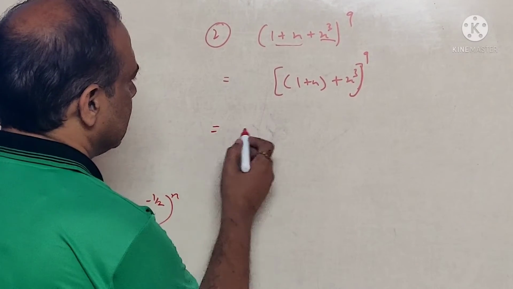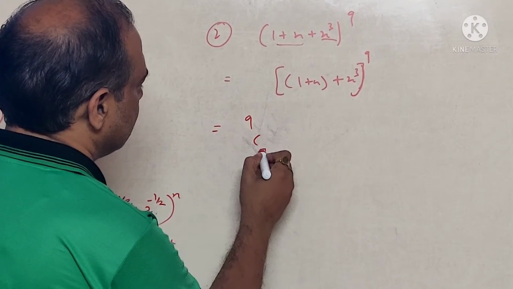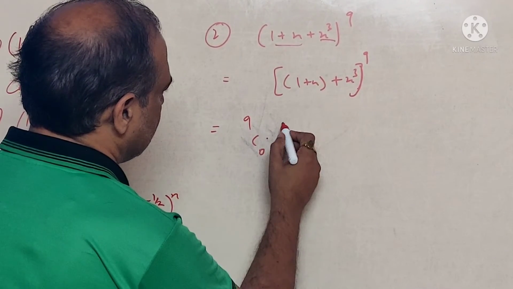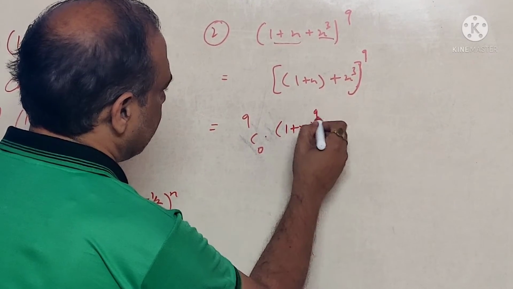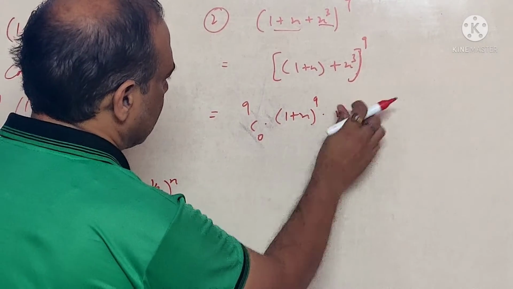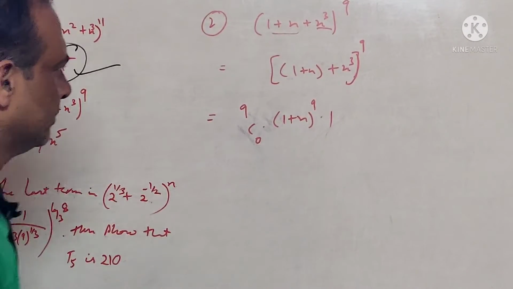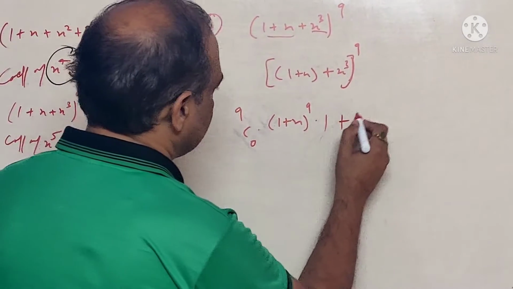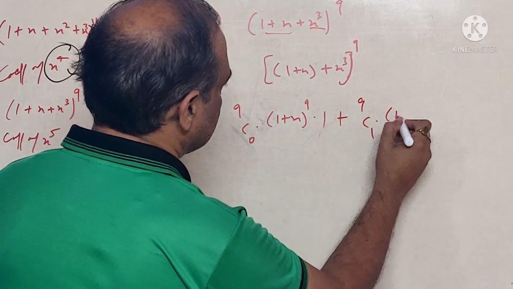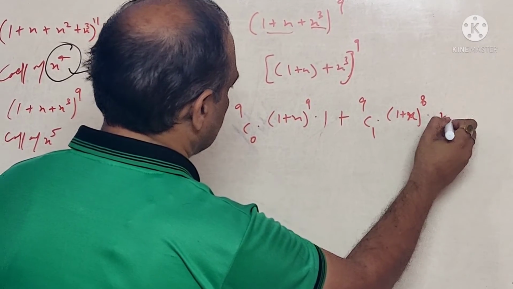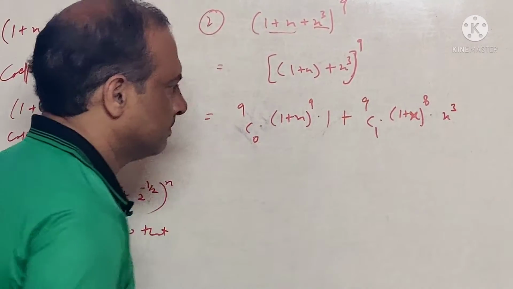Now what we can do is, we can expand it, and if we try to expand it, what we will have is 9c0 multiplied by (1 plus x) whole raised to power n into x cube to the power 0, and it will give you 1. Okay. Then what will be the condition with 9c1? (1 plus x) whole raised to power 8 into x raised to power 3.